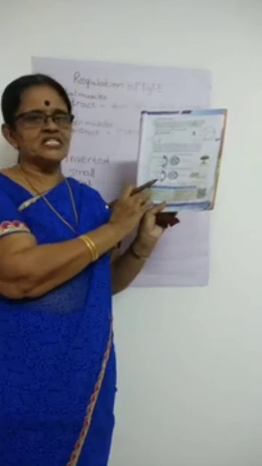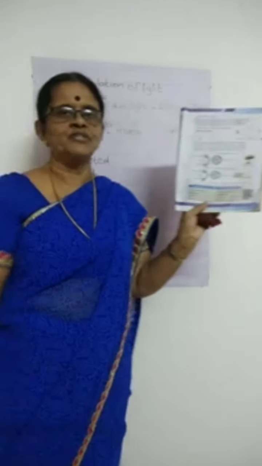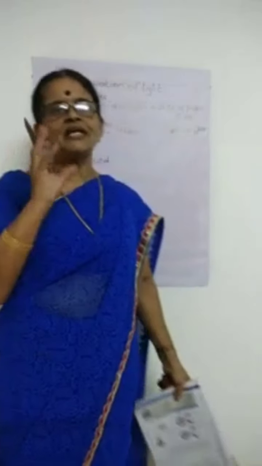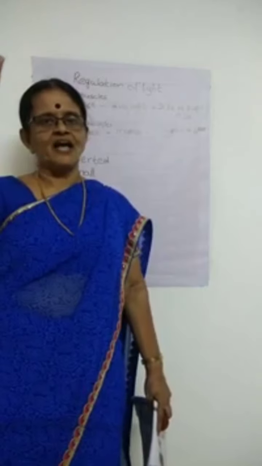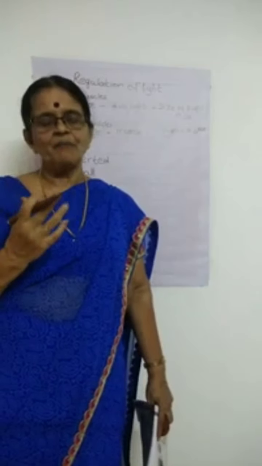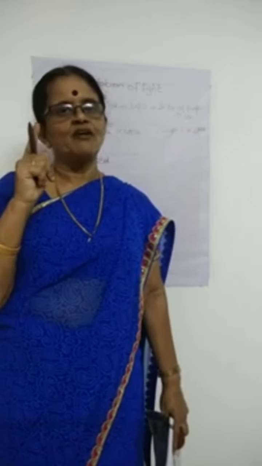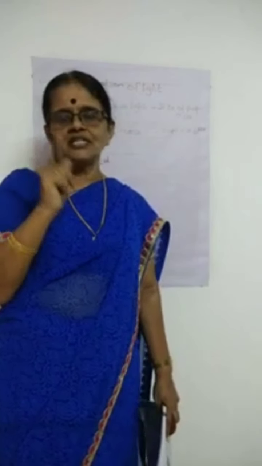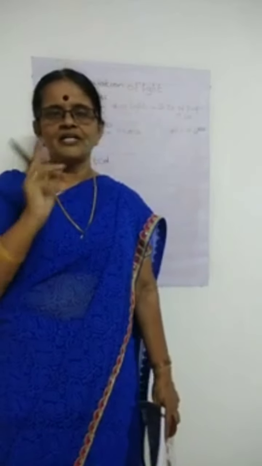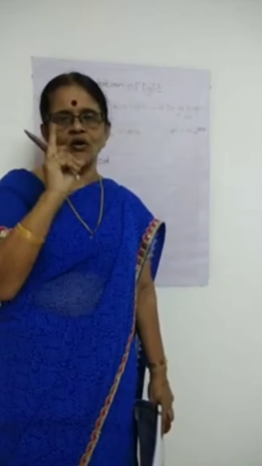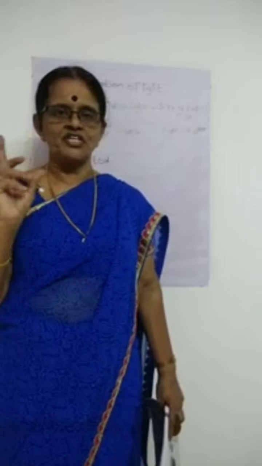So these are the two instances when you are looking at an object kept close and looking at an object kept at a distance. This capacity of the eye to view an object kept at a distance and to view an object kept nearby by adjusting the focal length of the lens is called power of accommodation of the eye.